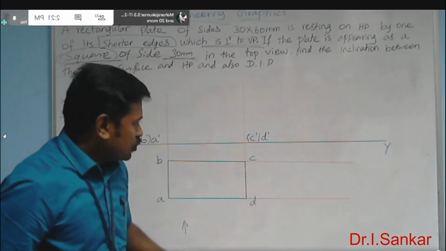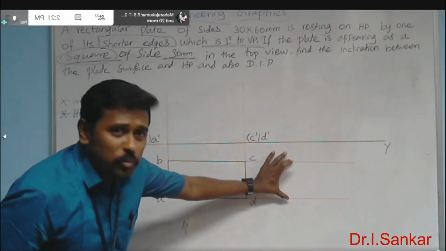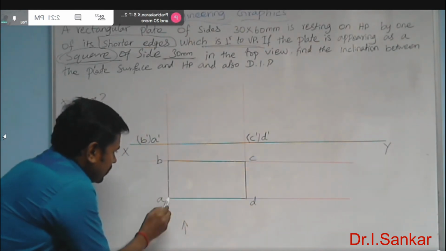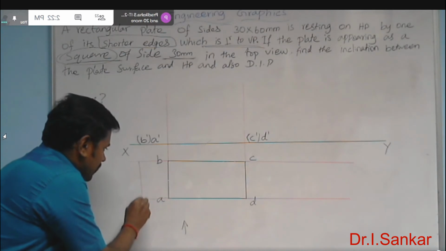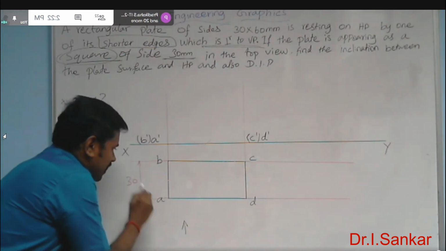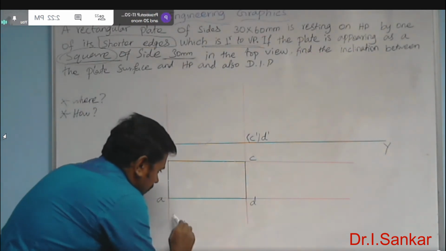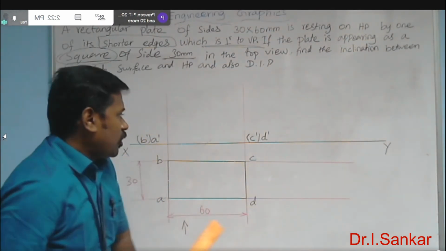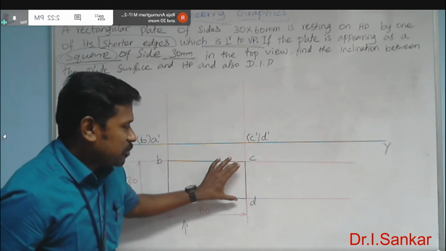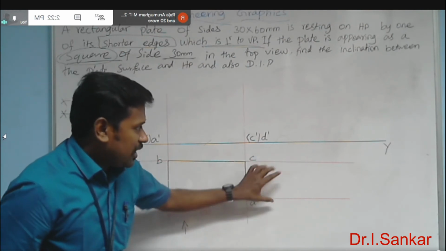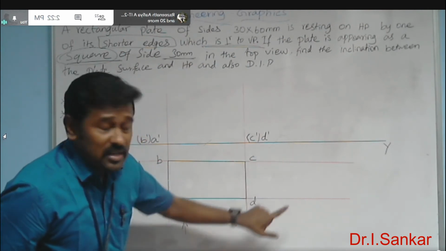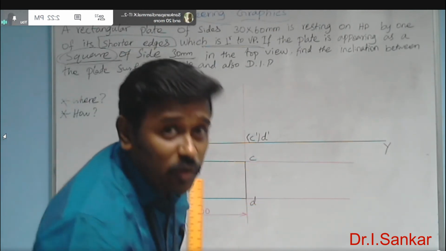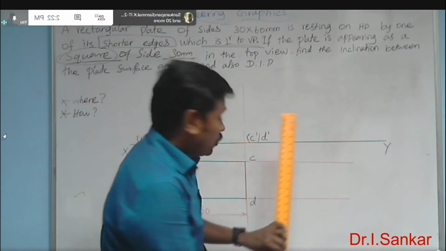Now one logical question to you: what is the distance between these two projectors? It is actually 30 mm, because the rectangular plate's shorter edge dimension is 30 mm and the longer edge dimension is 60 mm. I am obtaining the horizontal projectors from the existing top view, and the distance between these two projectors is 30 mm. Now I am going to draw the required top view, which is instructed in the question itself.